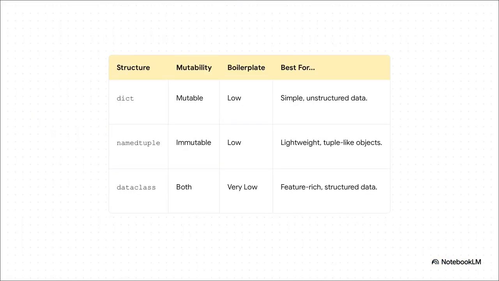If you just need simple, unstructured key-value pairs, hey, a dictionary is probably fine. It's low boilerplate and gets the job done. If you need something lightweight that's also immutable, meaning it can't be changed, a named tuple is a fantastic choice. But when you need a real, feature-rich object for your structured data with minimal boilerplate and total control, the data class is the undeniable champion.